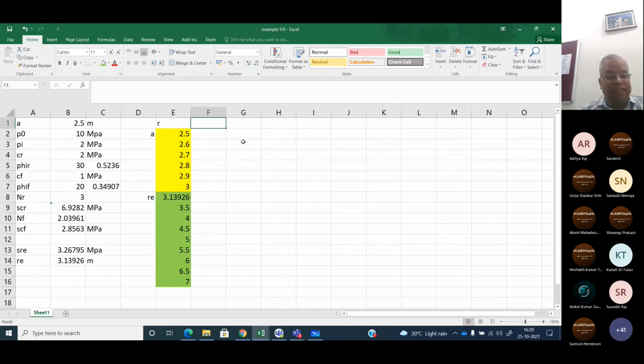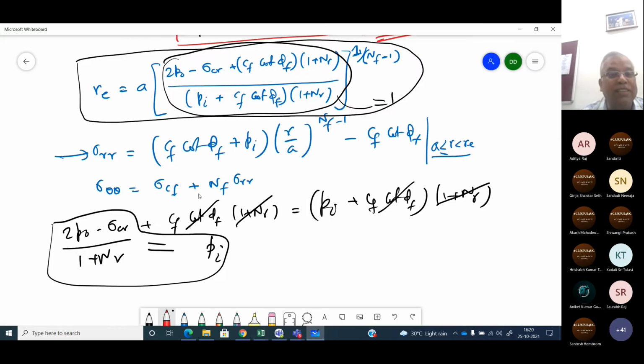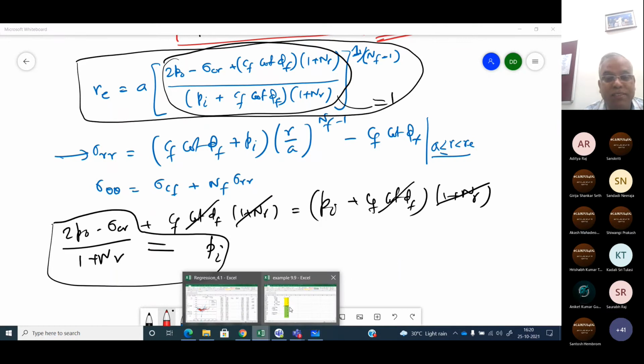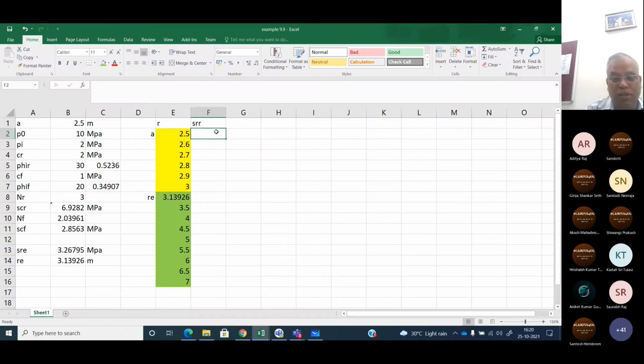So now sigma RR, I have already given you the formula. Sigma RR will be this in the plastic zone. So CF cot phi f plus pi R by A to the power NF minus 1 minus this. Okay, so let me put that equals to CF cot phi f.